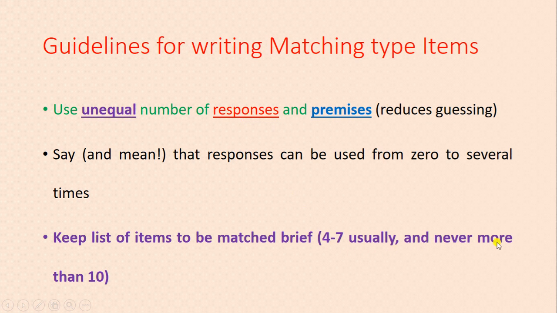So usually there should never be more than 10. This is the appropriate number. You can start from 4 to 7, 8, 9, 10. So these are the suitable numbers of premises and responses that you have to put in the columns of matching type items.